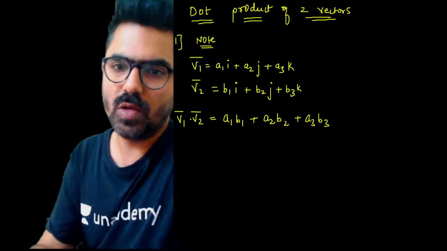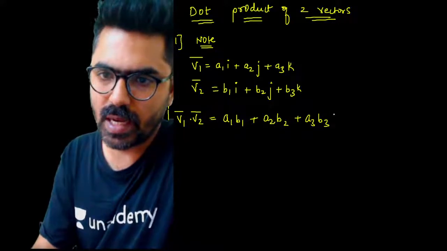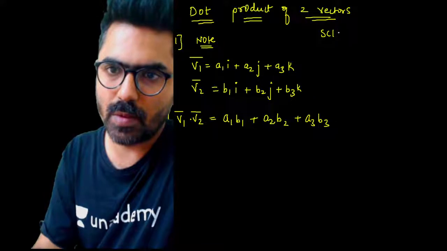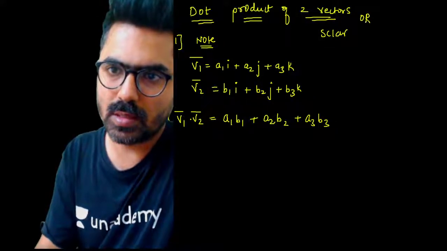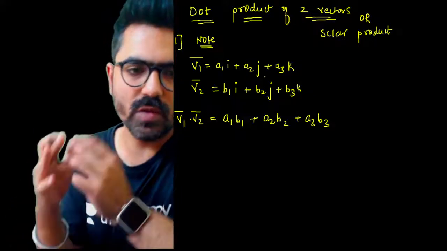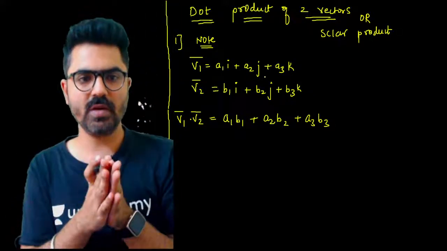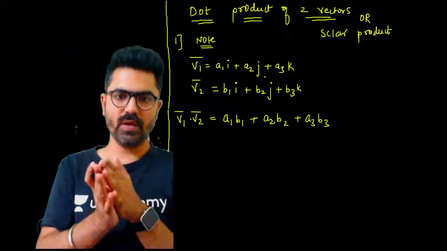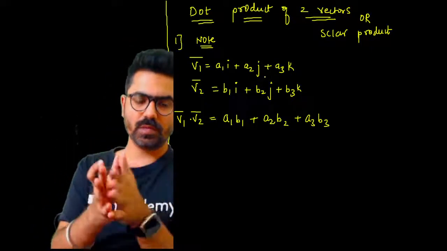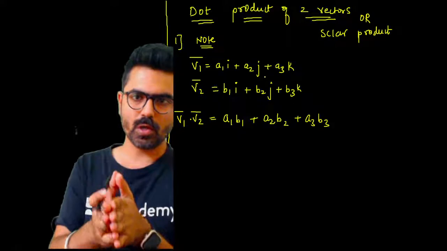This is what the value of dot product is. It's a scalar value, so we also call it scalar product because the value obtained is a scalar quantity. It's not a vector. So we say that v1 dot v2 is a1 b1 plus a2 b2 plus a3 b3. This is the way we find out dot product of two vectors.